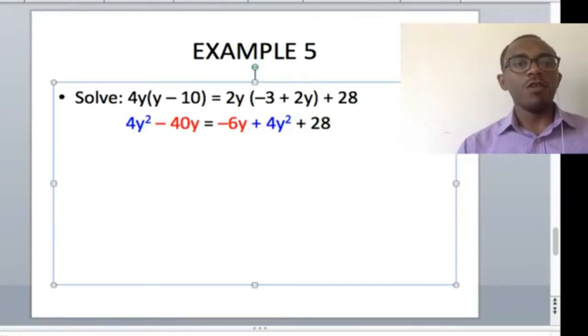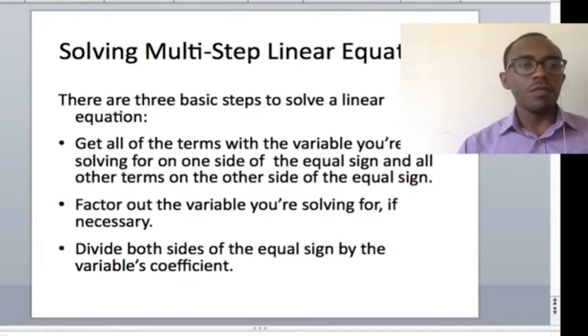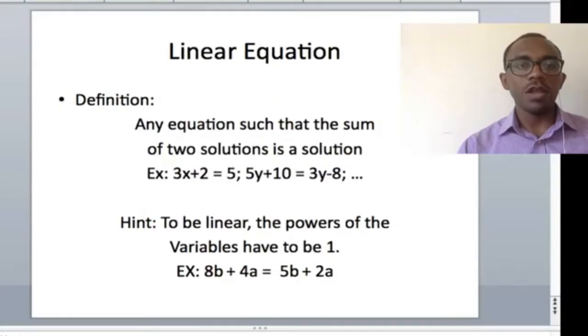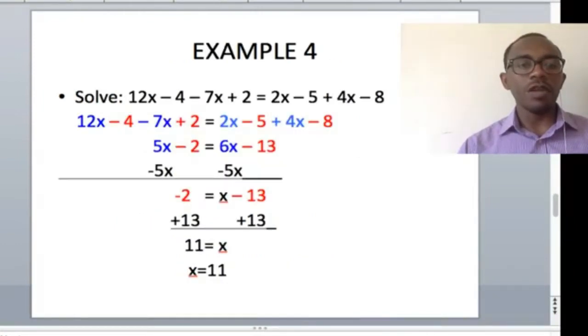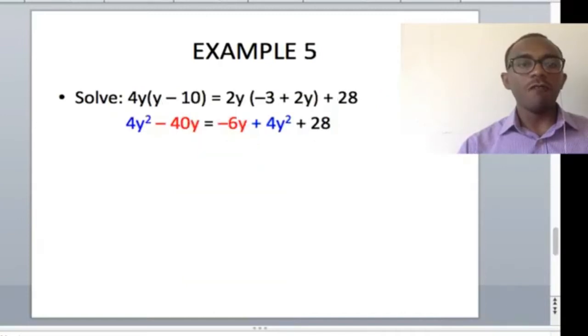You're going to feel worried, oh my gosh, there's a square, so how would I solve it? Because if I go back to the definition of a linear equation from the previous one, the power of the variable has to be 1. But you're going to say, wait, the power of this variable is not 1, it is 2. Because we have y squared, the power is 2.